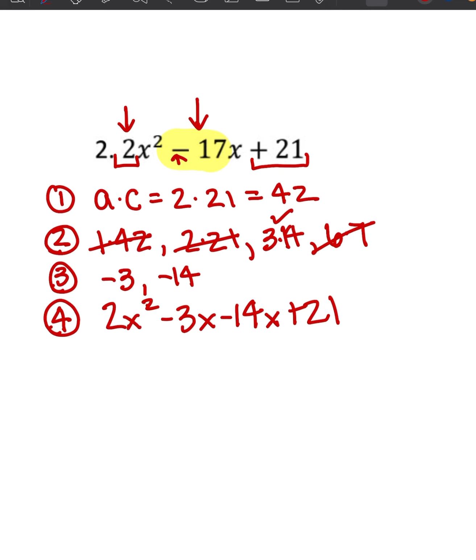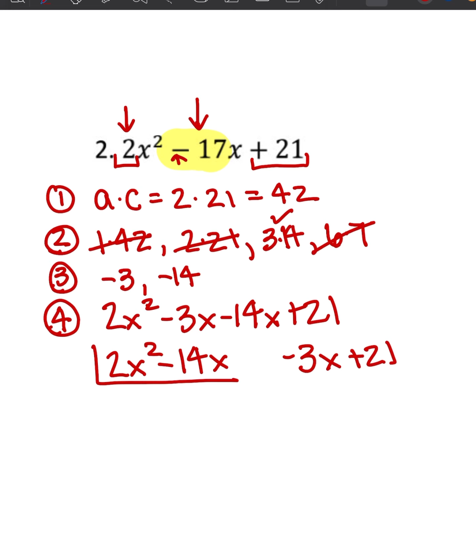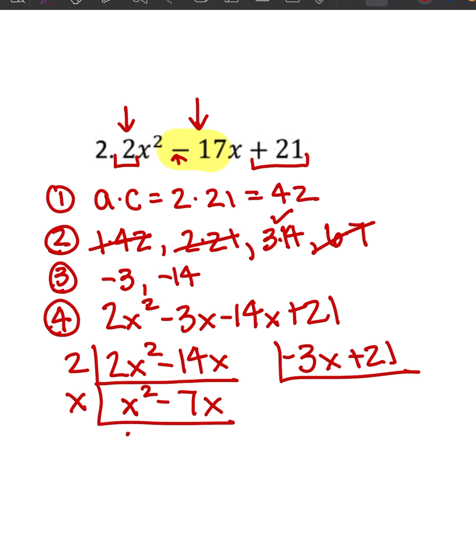So I'm going to put together the terms that have common factors. So our 2x squared and our 14x, I'm going to group those two together, and then I'm also going to group together my minus 3x and my 21. Okay, so I'm going to go ahead and factor those. I can pull out a 2 here, and I can also pull out an x.